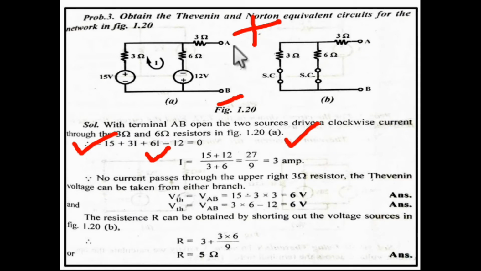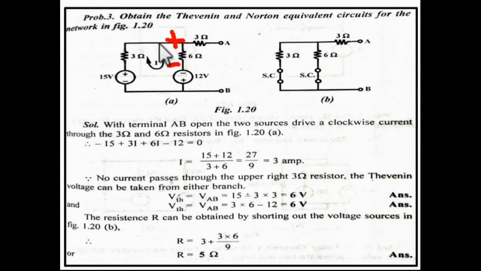So guys, we have to travel from A to B along the shortest path. Find the voltage drop, place a plus symbol here and minus over here, because current is entering this resistance from top to bottom. So the voltage drop is equal to 6 into 3, 18 volt. Now write VTH equal to.